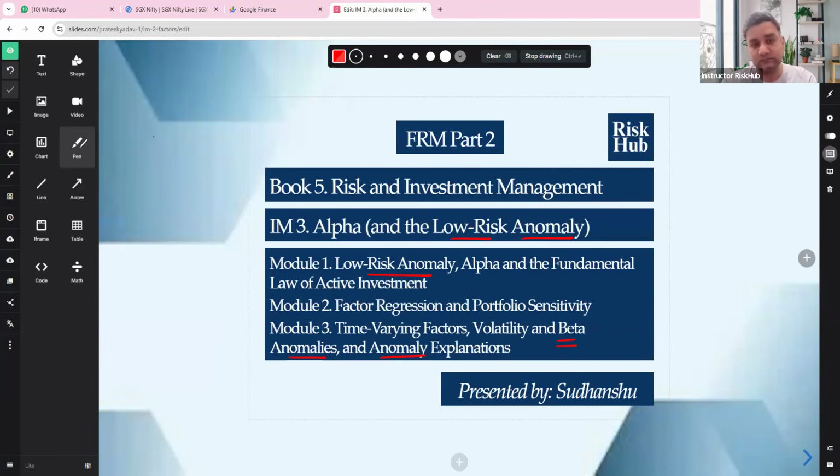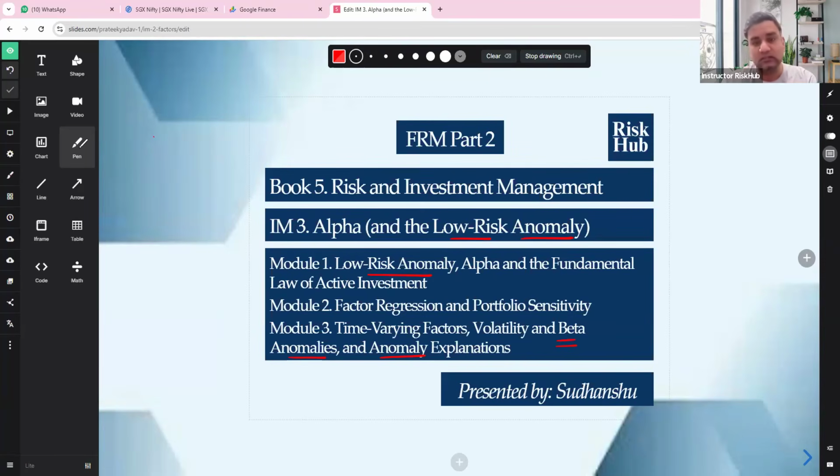So FRM Part 2 is trying to make a connection here. This chapter connects very strongly to what you have read in FRM Part 1 also, like the CAPM and the multi-factor model, performance attribution, the Sharpe ratio, the information ratio, active versus passive management and factor risk, portfolio construction and benchmarking.